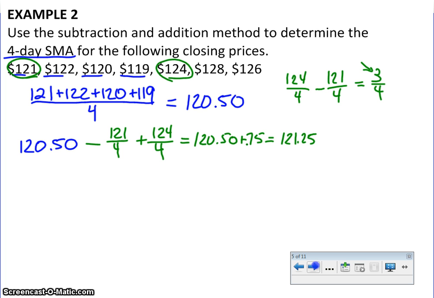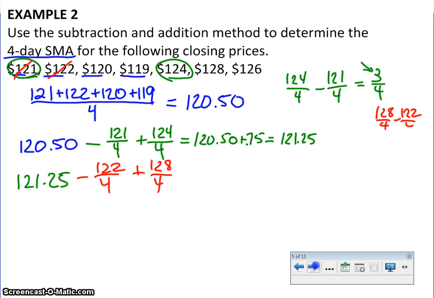Next day, let's go ahead and carry the 121.25 down, and let's move on to the next. We're going to now subtract out the 122 over 4 and add 128 over 4. Well, 128 over 4 minus 122 over 4 gives me 6 over 4.